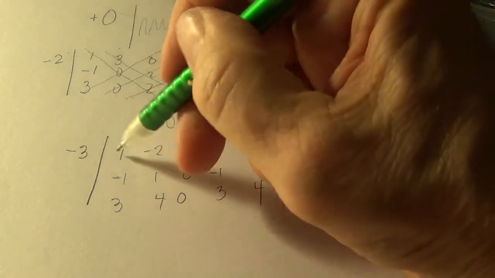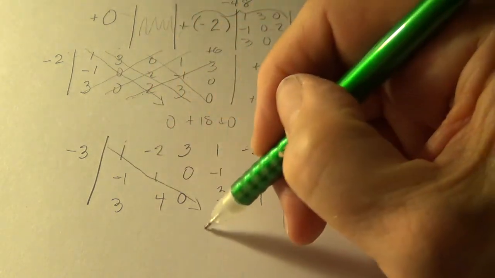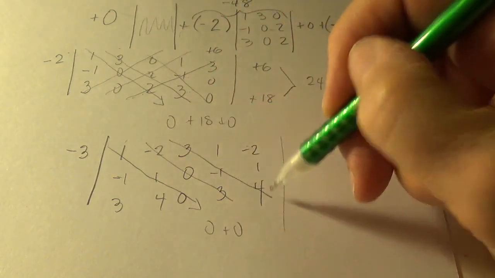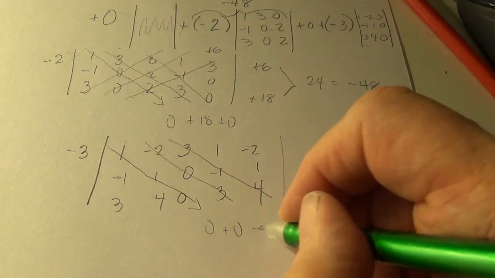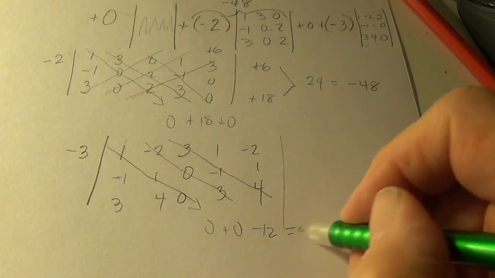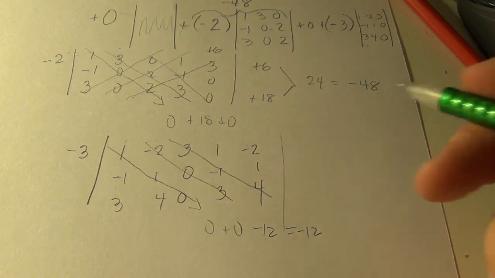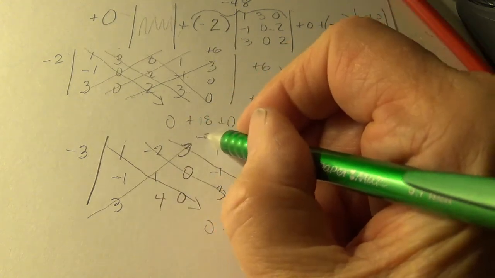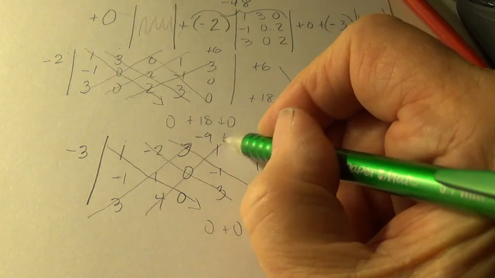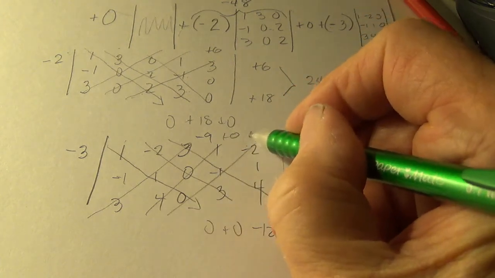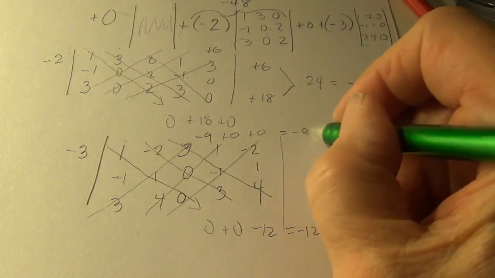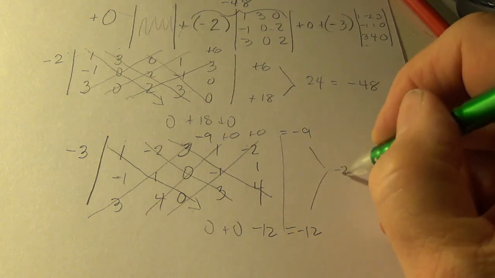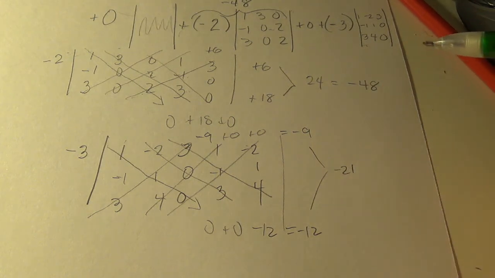And I'm going to go diagonally. That gives me a 0, plus a 0, plus a -12. So I get a -12 going those diagonals. Going backwards, I get a 9, which I write as a -9, 0, 0. So I get a -9. So I add the -9 and the -12, and I get a -21.